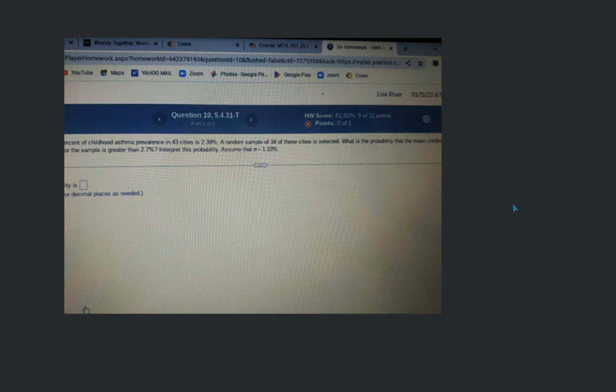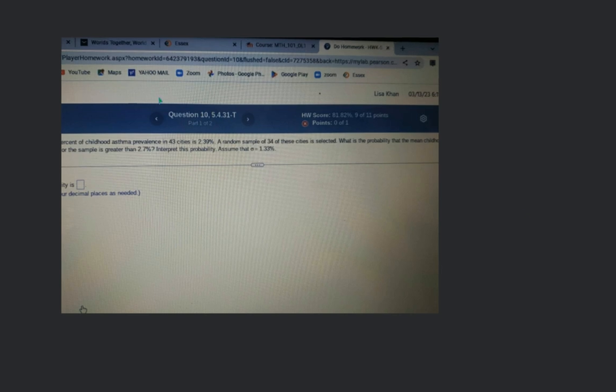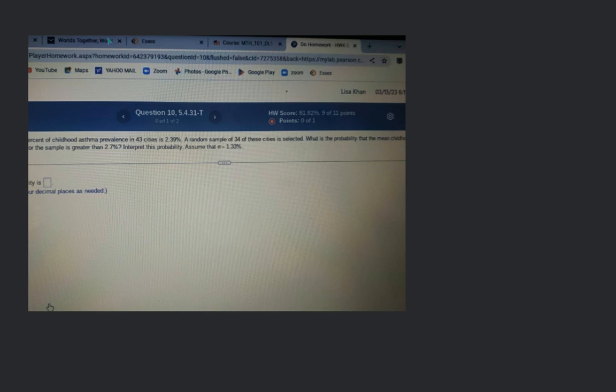Okay, so it says the mean percent of childhood asthma prevalence in 43 cities is 2.39%. A random sample of 34 of these cities is selected.